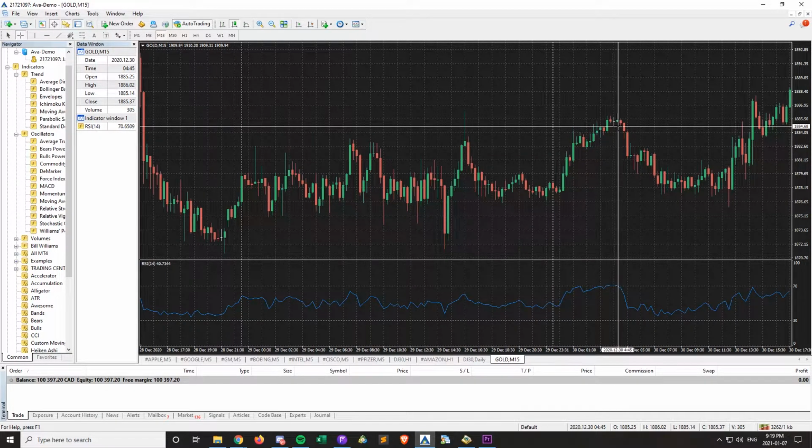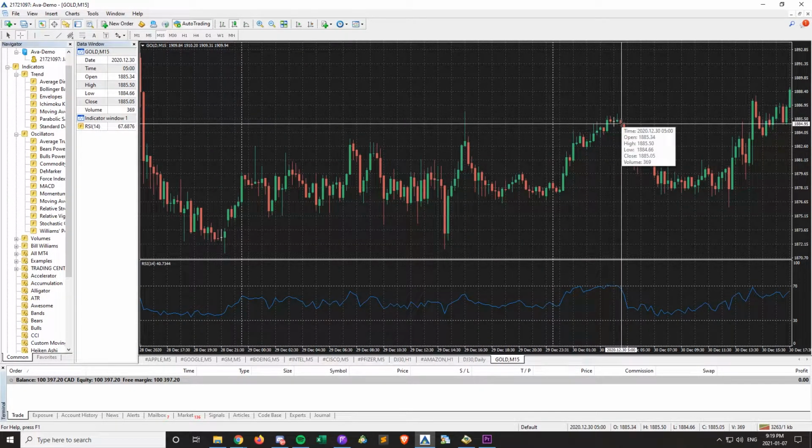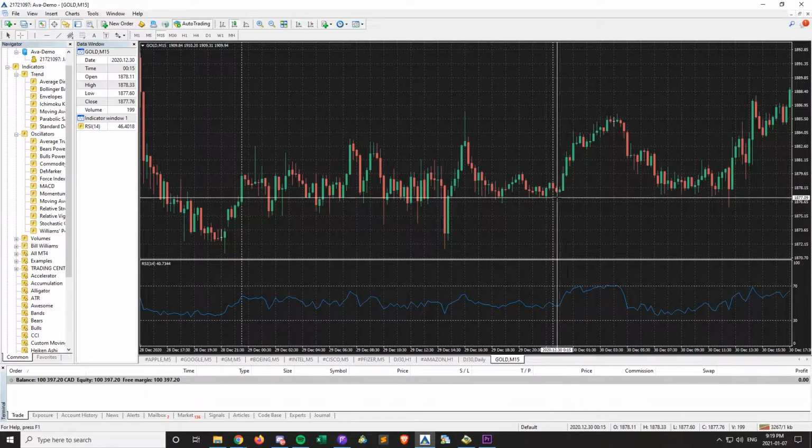And the last one, we kept trying to get in, and then right here it crosses back down, and we take this one. Nice. Okay, so our risk on this one was like 10, and our reward was like 70, if we traded it to here, which definitely would be the place to put your take profit.